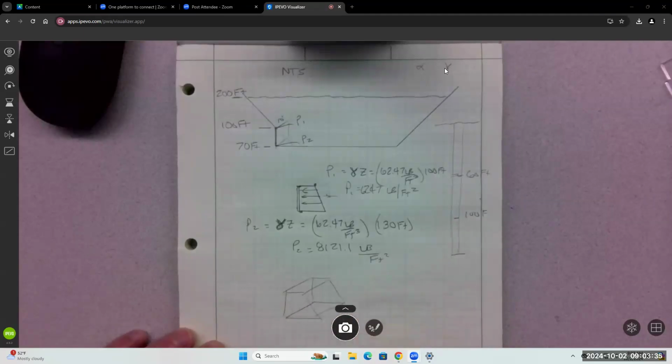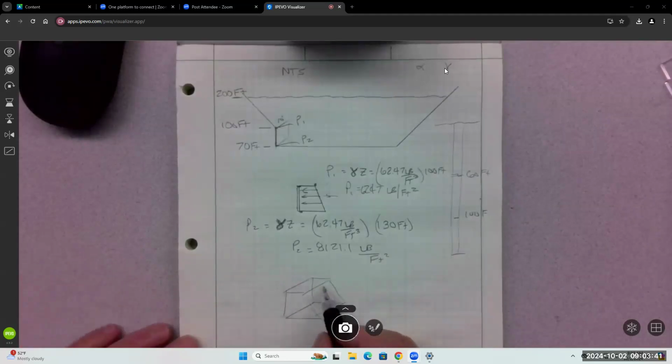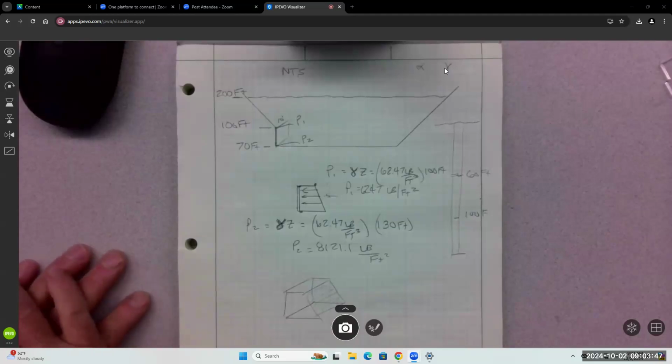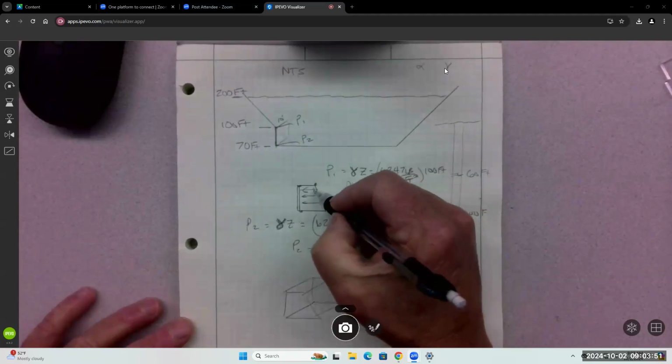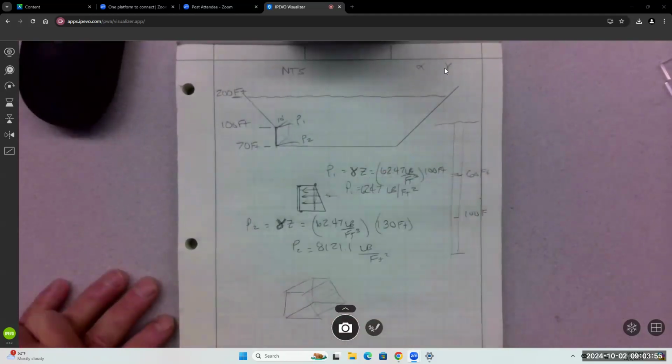So essentially, we have to find the area of the curve or the volume of the curve. Right? This is the curve that's acting on the plate. You could make a rectangle and say that's the 6,000, and then you could find the area of the triangle and then extend it. Yep, 10 feet. That's exactly right.